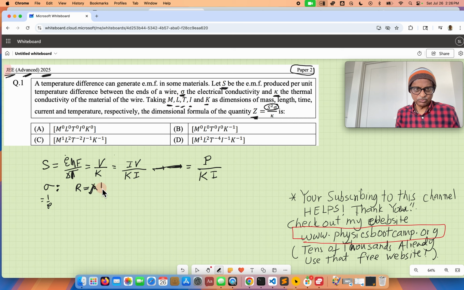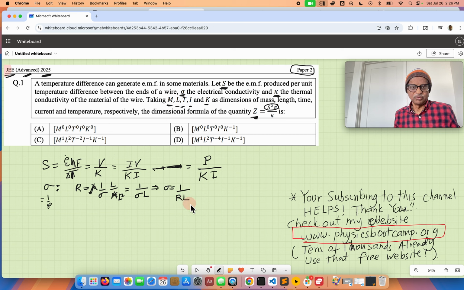So let's write this as 1 over sigma. Resistance is resistivity times the length of the wire divided by the area of the wire, which is the same as length squared. So 1 over sigma L. This gives me sigma equal to 1 over RL. Let's multiply R by I and divide by I, so that I can go to the voltage.